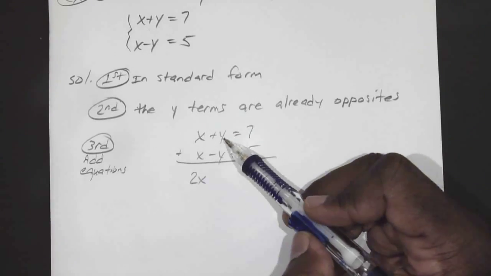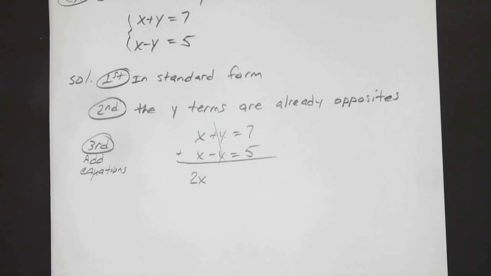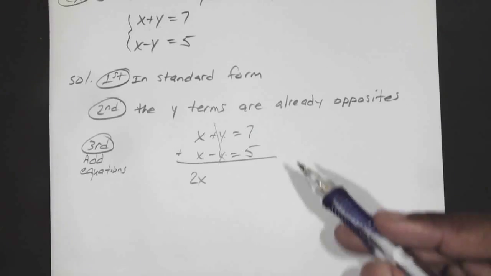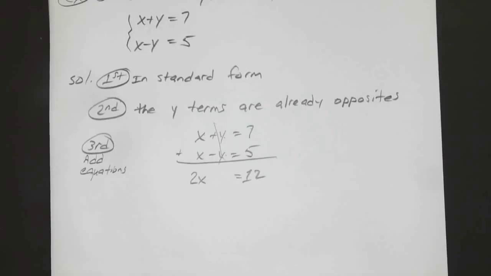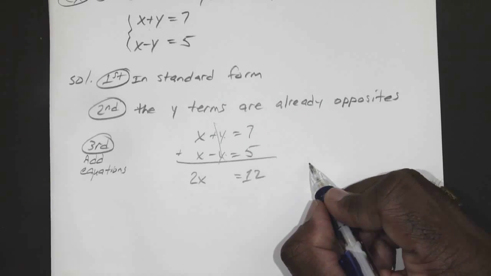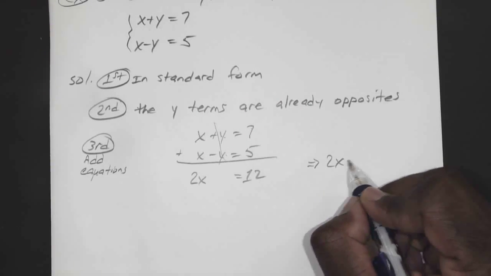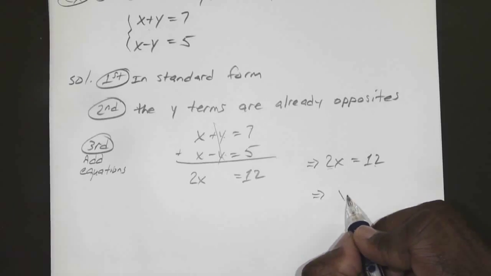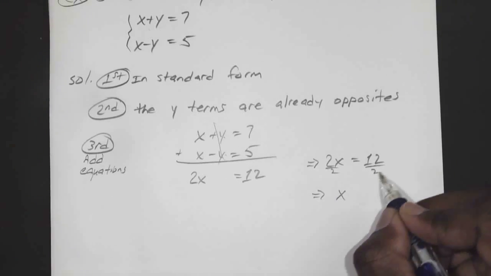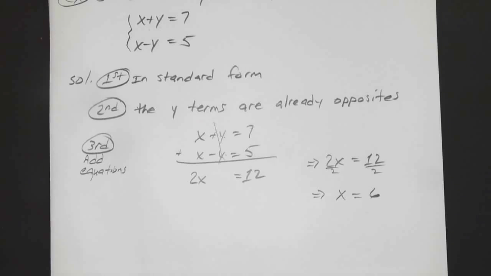Then you have positive y and negative y, they cancel out. Then you have 7 plus 5 equals 12. So that gives us 2x equals 12. Divide both sides by 2. You have x equals 6.